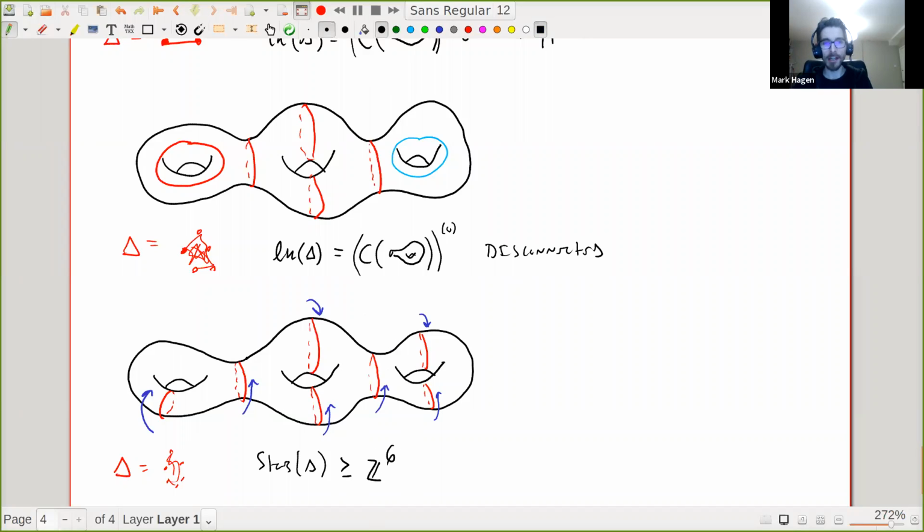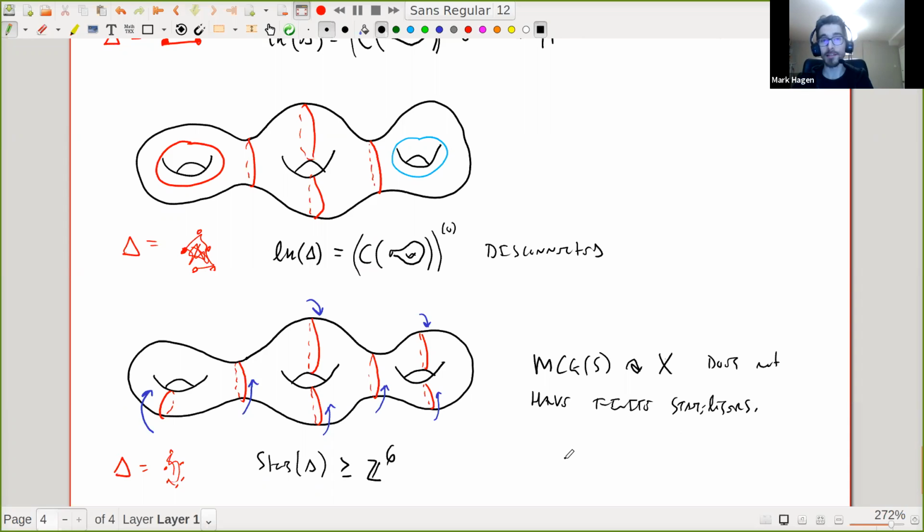So we have a giant free abelian group inside the stabilizer of that simplex. So you can't possibly have a proper action over here. You can't possibly have an action with finite stabilizers of maximal simplices. So the mapping class group action on X does not have finite stabilizers of maximal simplices.